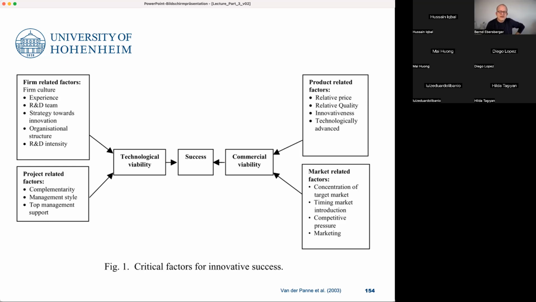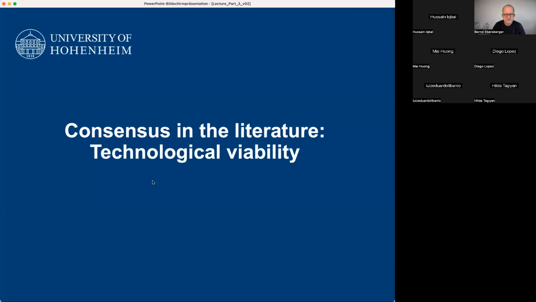And they break it down into two broad categories, which is the technological viability and the commercial viability. So the technological viability is the question, does it work technologically? And the commercial viability is, does it sell on the market? So do consumers like it? Do you sell it, etc.? And this is here, can you improve it?